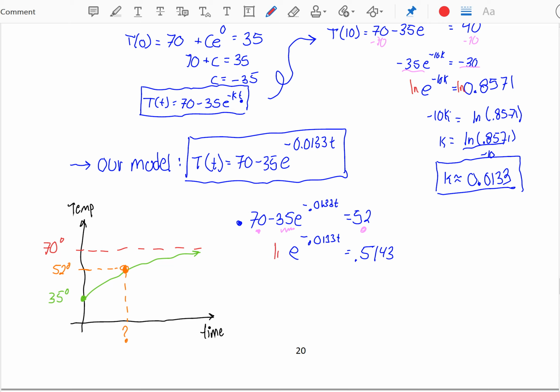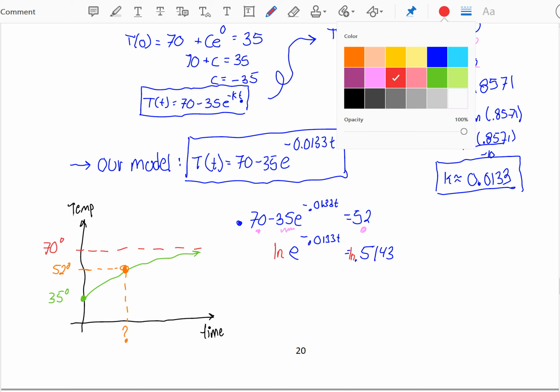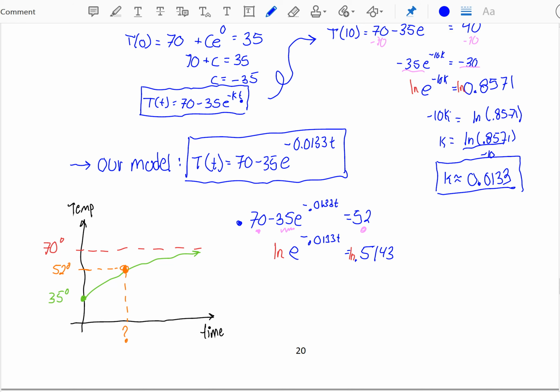I will then apply a natural log to both sides to get negative 0.0133t is the natural log of 0.5143.